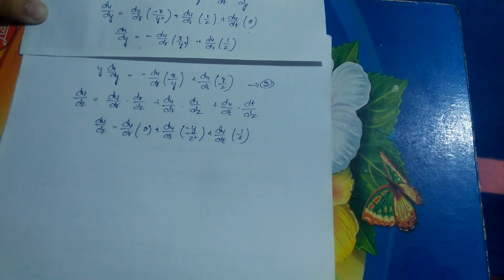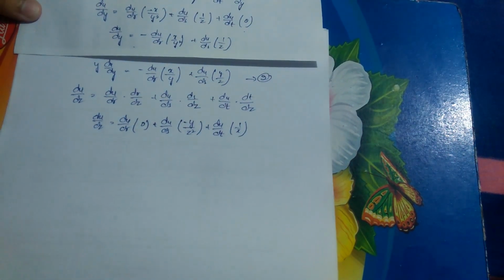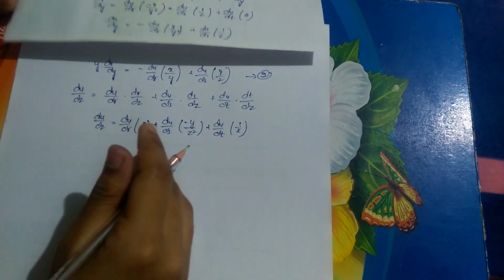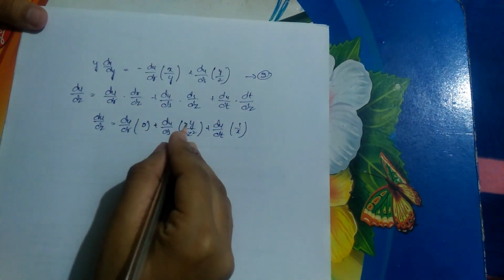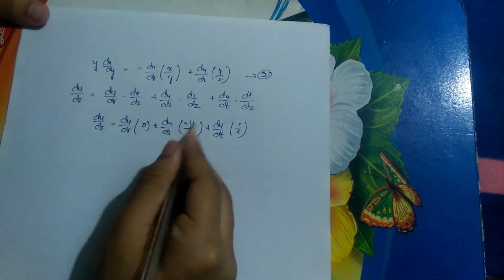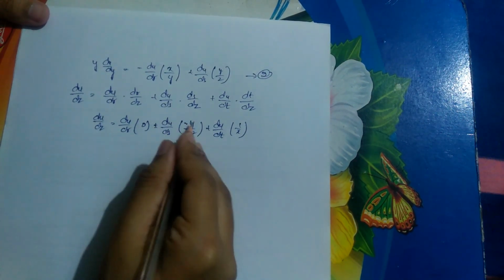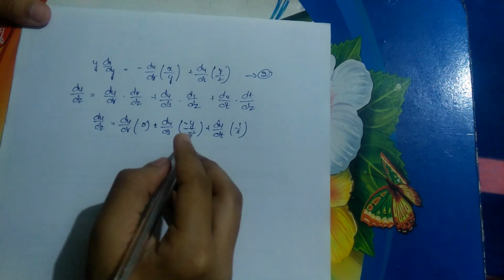Now this first term becomes 0, and then the minus will be multiplied with plus, and it gets as minus ∂u/∂s into y by z square.